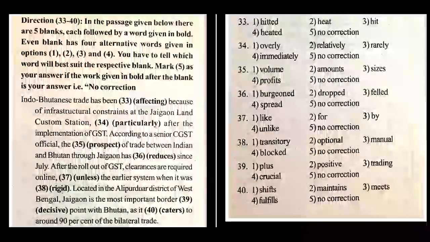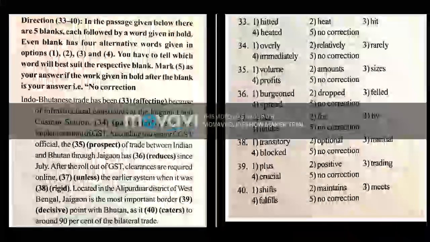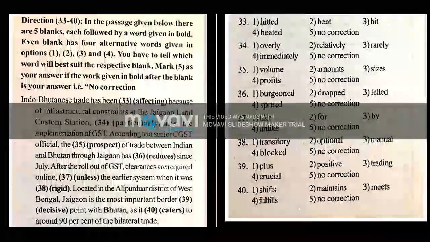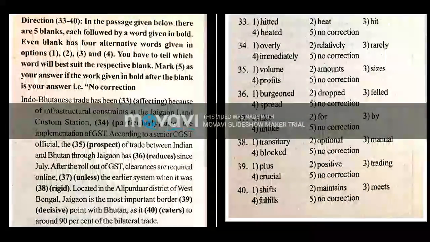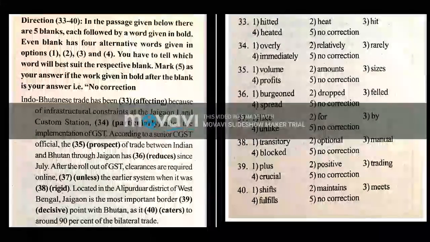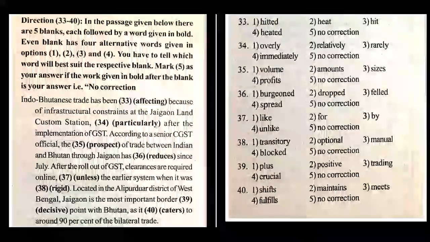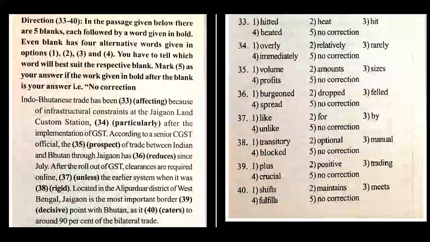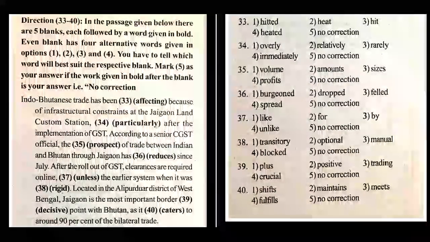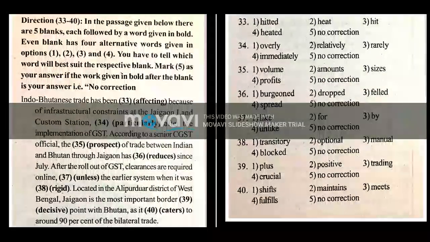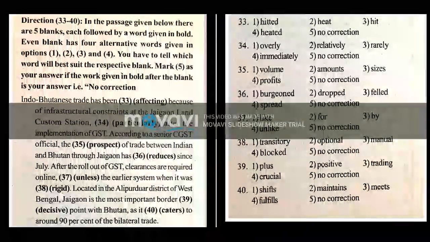This sort of word will come. A word like affected or hampered, or the progress of something which is not moving smoothly, is going to come to the first blank. Now, the word has to be in V3 form and it must carry this meaning. So now come to option number 33.